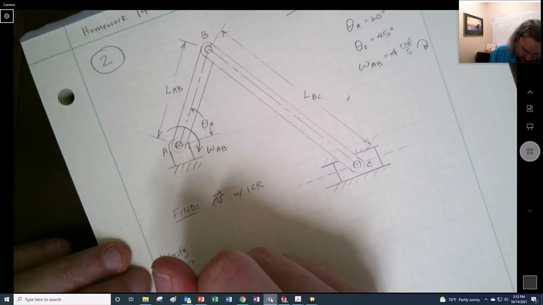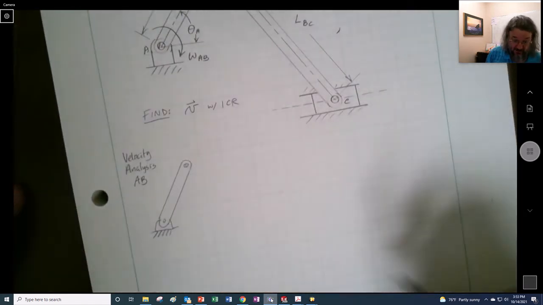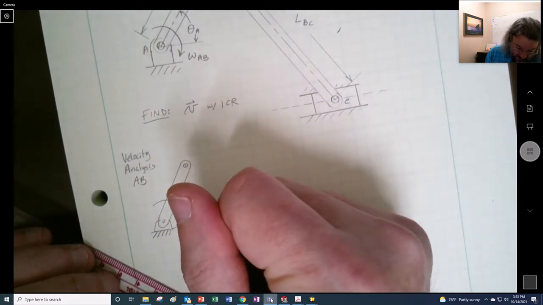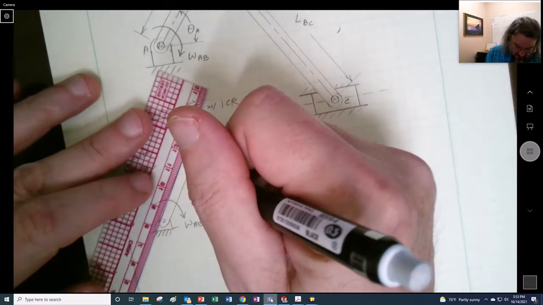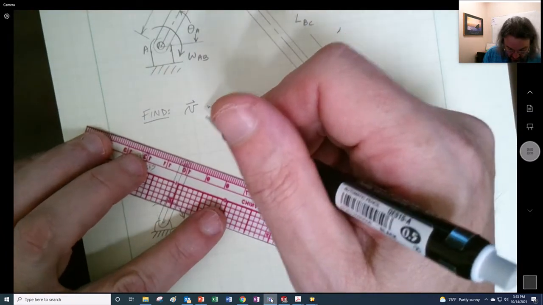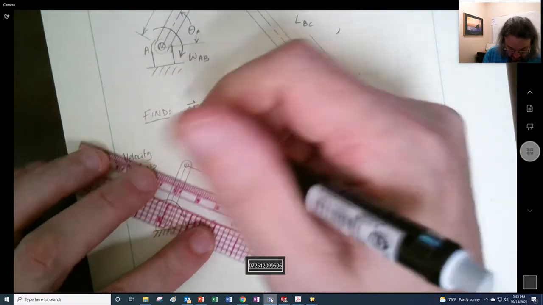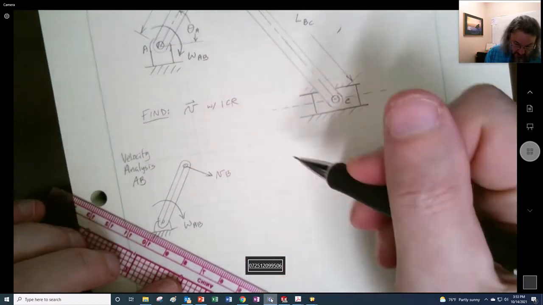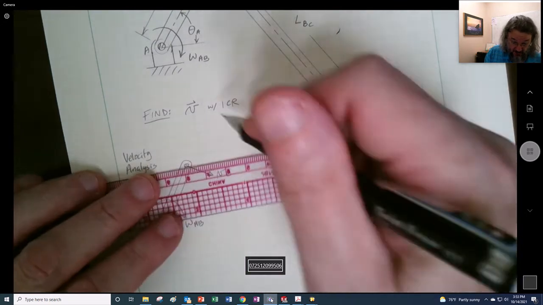of AB. Right here it says velocity analysis of AB, and I see that it's rotating at this angular velocity right here. It's got this length right there. Its velocity is going to be perpendicular to it, right? So the velocity of B is going to be that way right there.